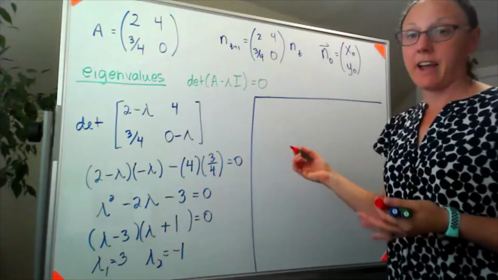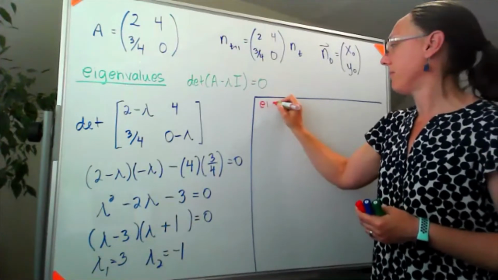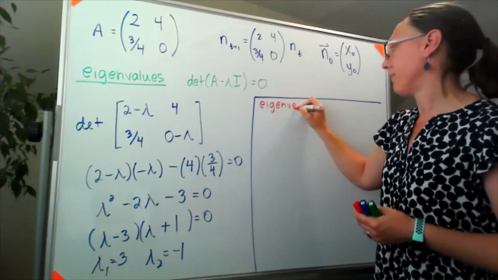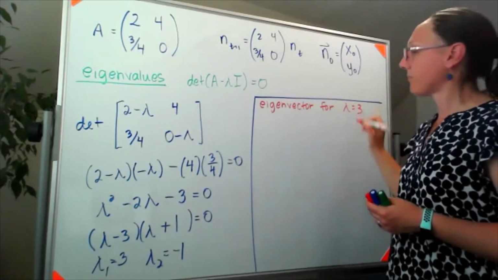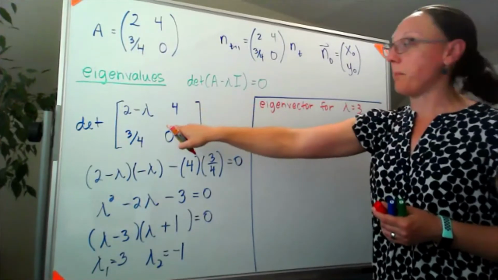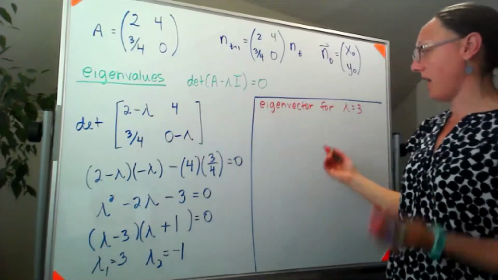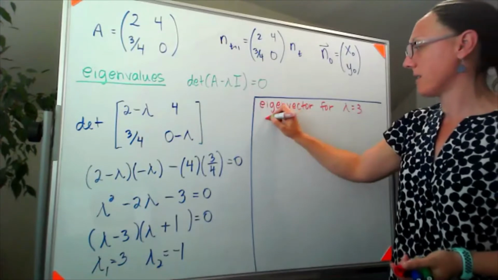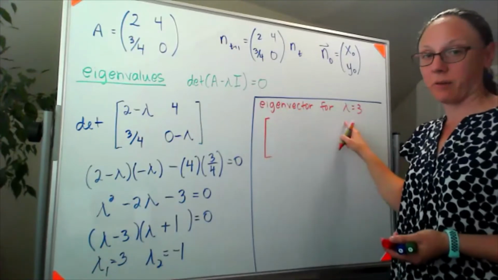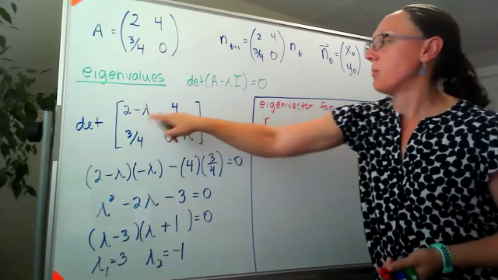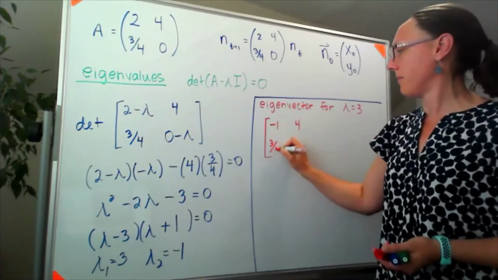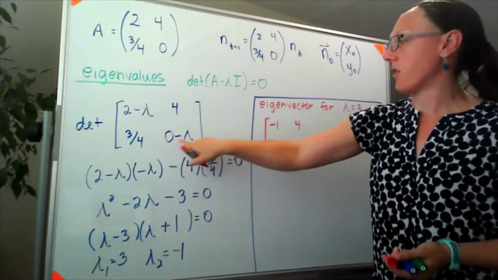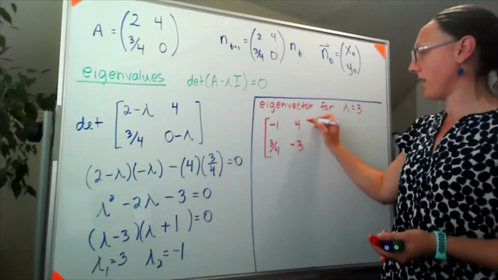And to find that eigenvector, I'm going to go back to my A minus lambda I matrix, plugging in that lambda of 3. So I'll have 2 minus 3 and 0 minus 3, so negative 3.